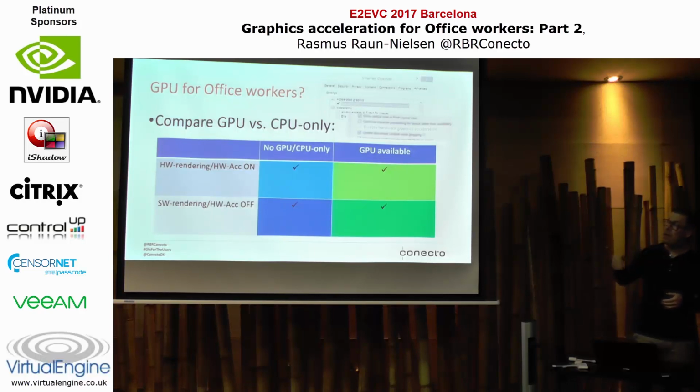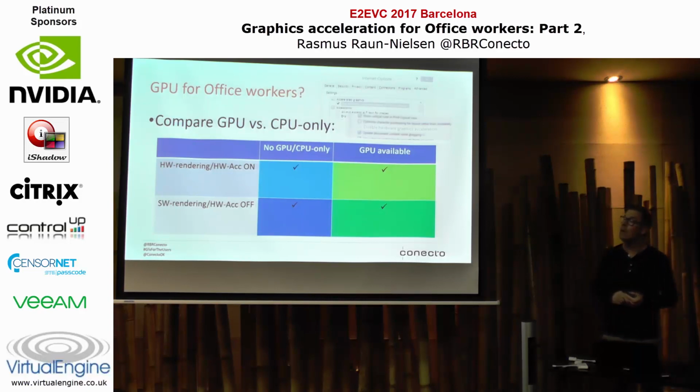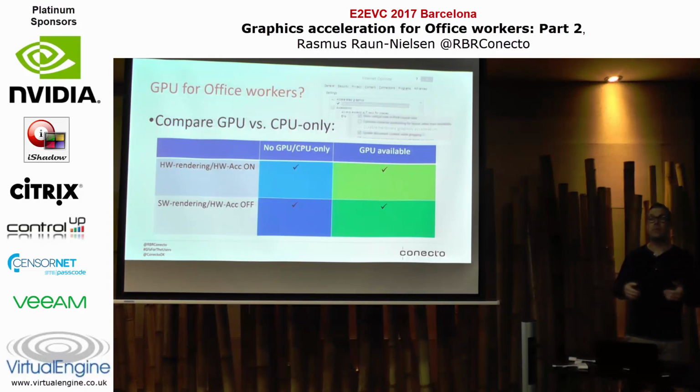So of course there's the scenario with the CPU only or no GPU, but also a CPU or GPU available scenario. And at the same time it was obvious for me to also test hardware acceleration on and off in the office applications, but also the software rendering feature in the browsing.